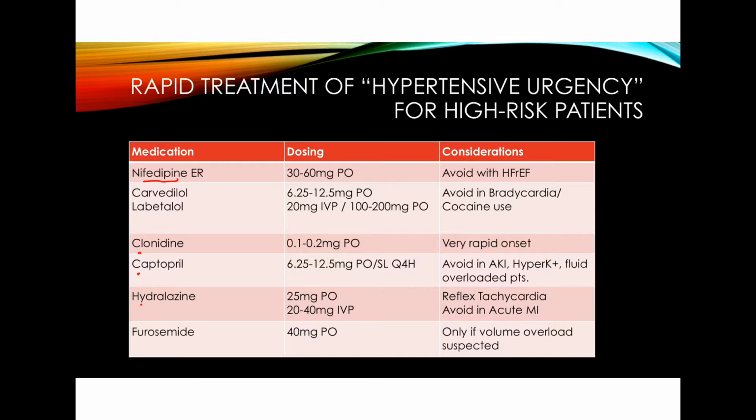The doses and the indications and contraindications for each of these are given in the chart. For patients with hypertensive emergencies, there is a preference for IV agents that are rapidly acting, and these are given in the chart below.